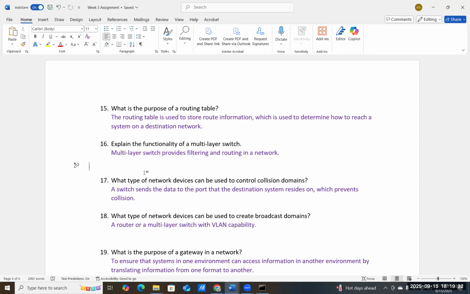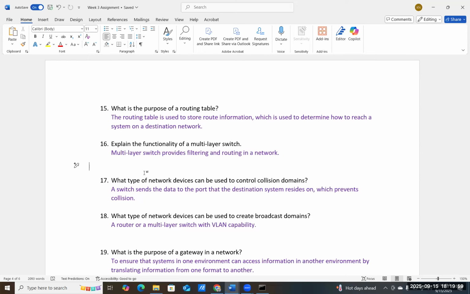Now, the network devices that you would use to create a broadcast domain. When we say broadcast, it's just like the term implies in radio or TV, right? You hear broadcast television, broadcast radio. When they broadcast, they tell everybody, right? Everybody hears. So some system or some part of the network would be broadcasting.